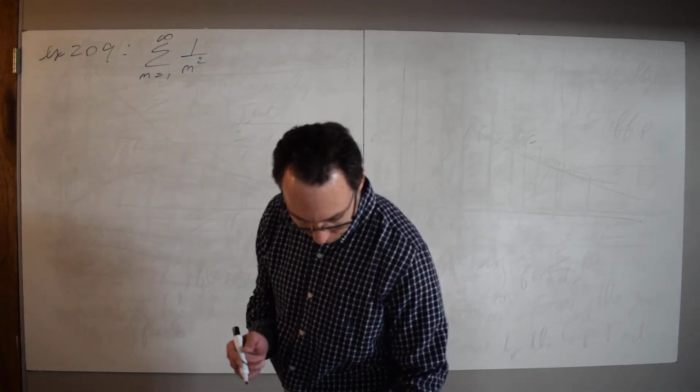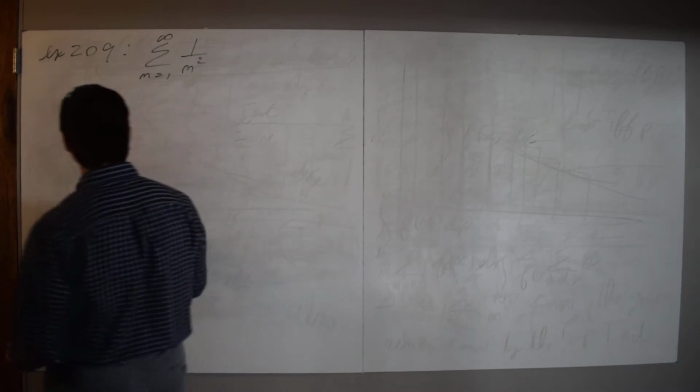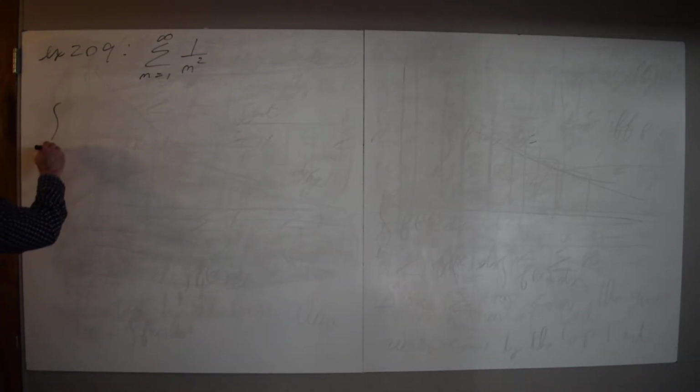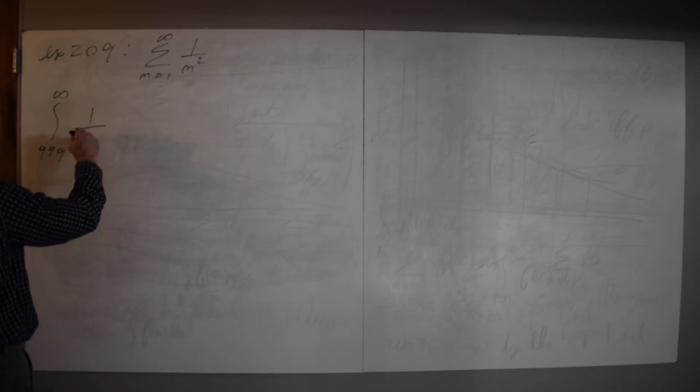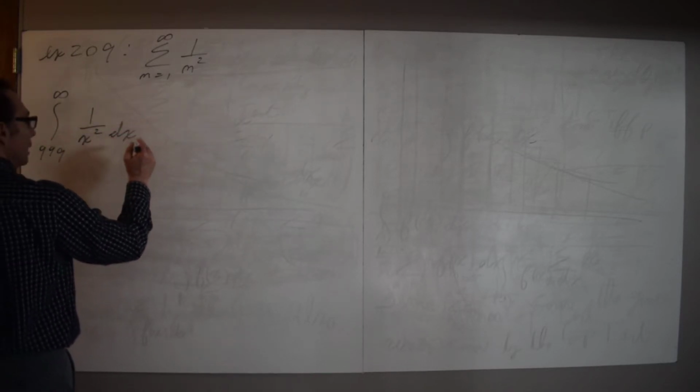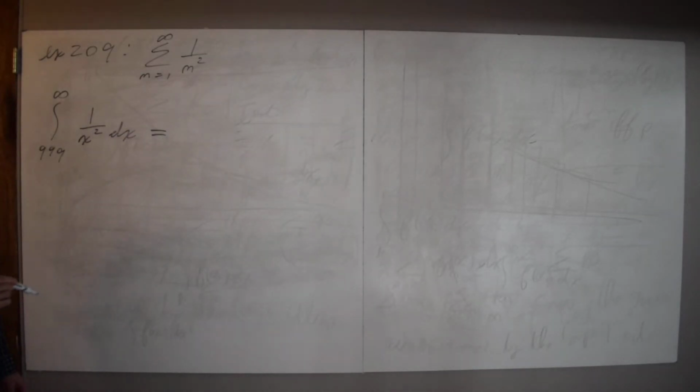So we're going to do three things at first. We're going to integrate from 999 to infinity of 1 over x squared dx. I will explain why I chose 999 in a minute.